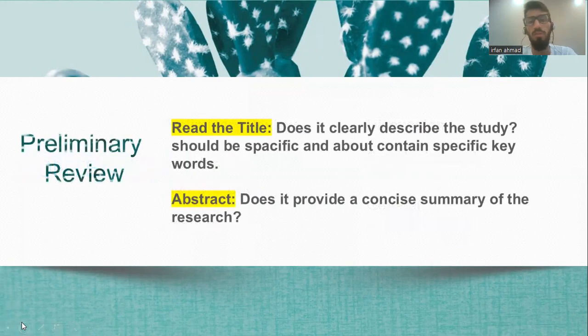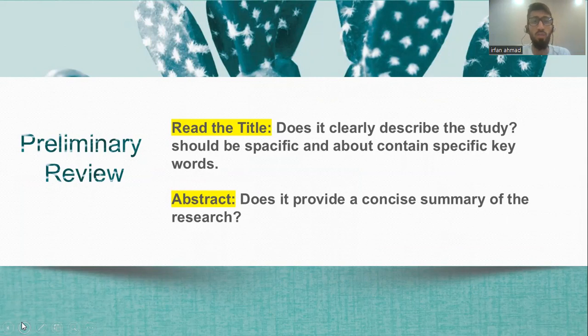Now, what is the preliminary review? Basically, the preliminary review is to read the title, and this is done at the start and at the end. You read the title and ask: does it clearly describe the study? At the start, you don't know about the article, so you keep the title in mind as you read, and at the end of the article you answer whether it clearly describes the study or not.